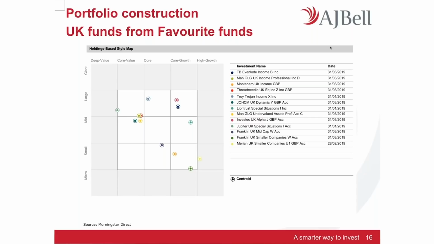So within the favourite funds, there's a good range of different types of managers. So it's always useful to consider this tool. And we can also track how they do over time, so we can make sure that our funds aren't moving wildly between boxes and actually stick to the same core knitting of what they were possibly successful for in the past. And that's also an important point of view that we like to consider.